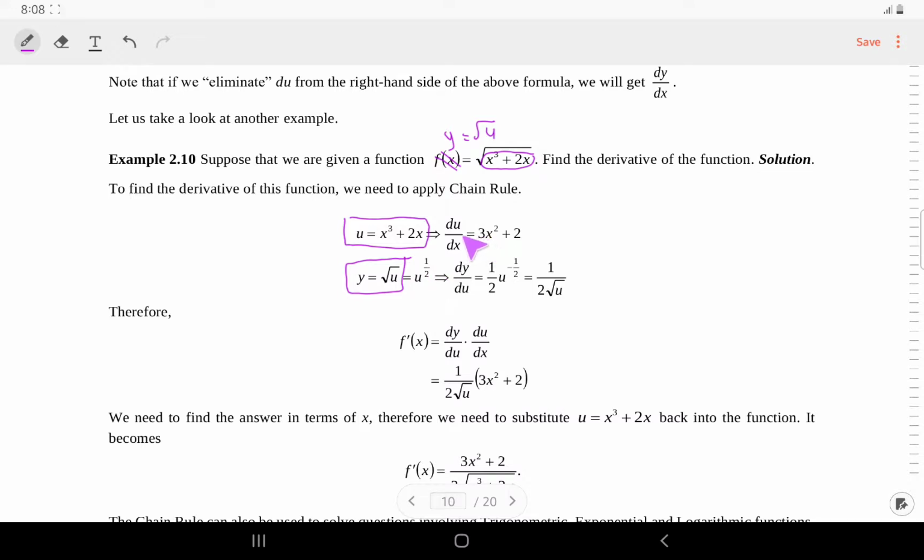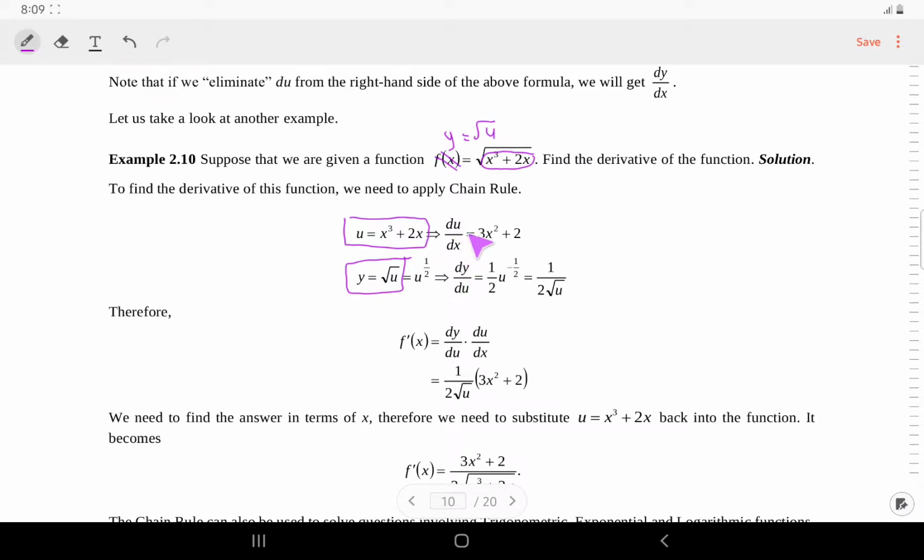And then we need to differentiate each of these functions. Here is the function of u in terms of x, so when we differentiate, we will get du over dx. And this is the function of y in terms of u, so when we differentiate it, we will get dy over du.